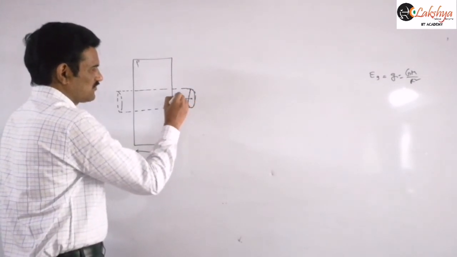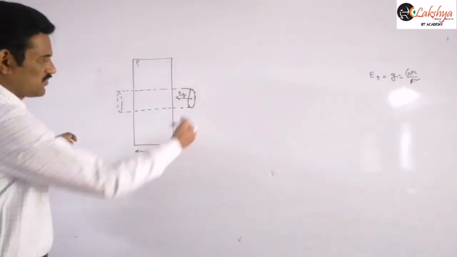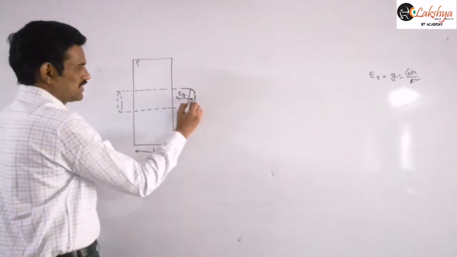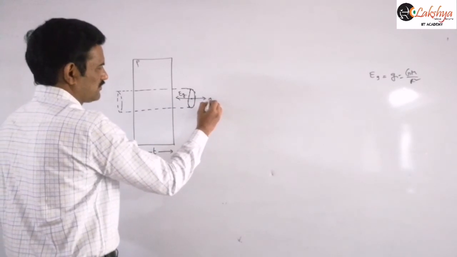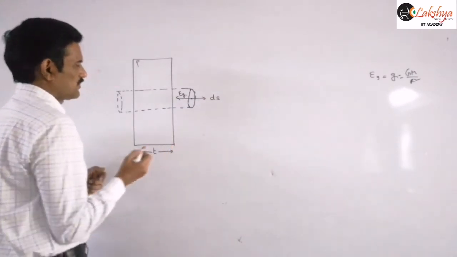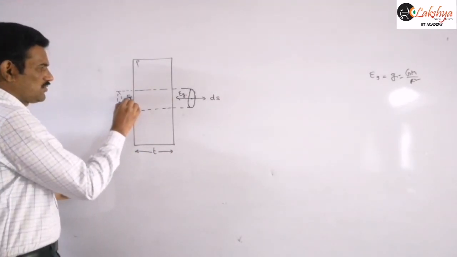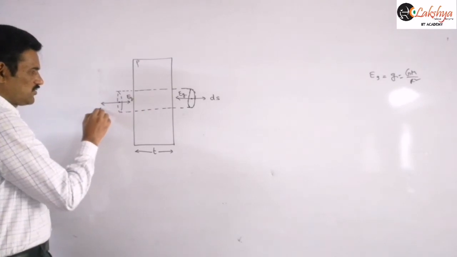The gravitational field is always directed towards the mass, so it will be like this, and the area vector ds will be like this. Similarly here, the gravitational field will be along this direction and ds along this direction.